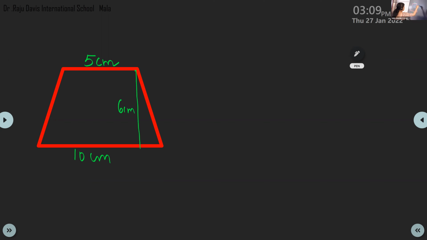Now find the area. Find out yourself and tell me the answer. Apply the formula and do it. One problem already we have done, no? Same type.